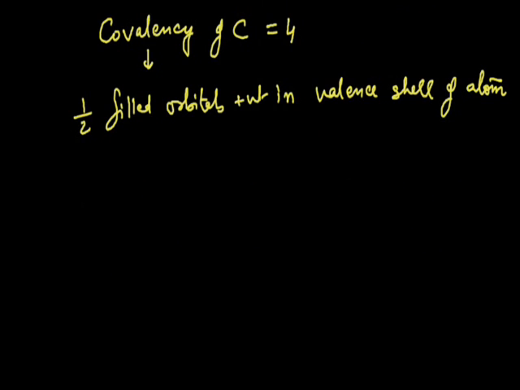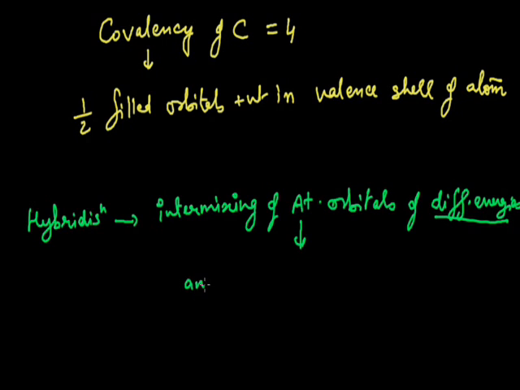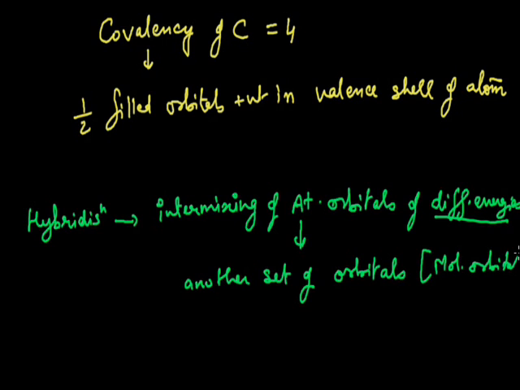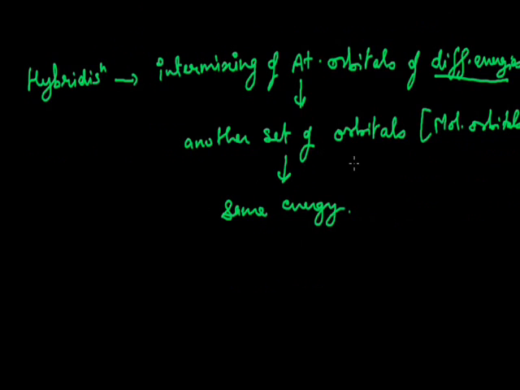So from this, we can say that hybridization is the intermixing of atomic orbitals of different energies to form another set of orbitals having the same energy. These orbitals which have been formed are also termed as hybrid orbitals.